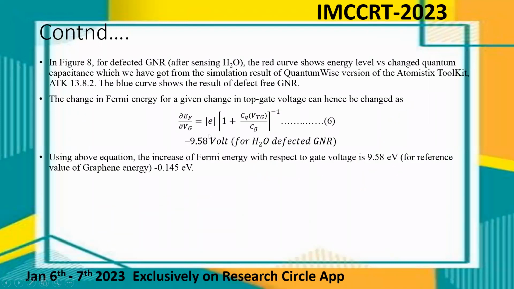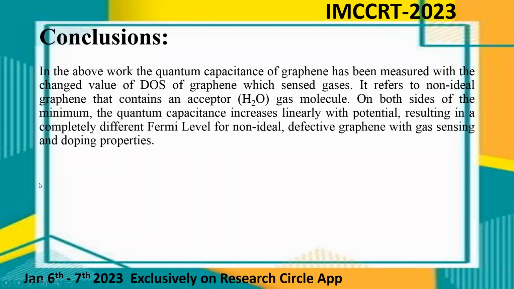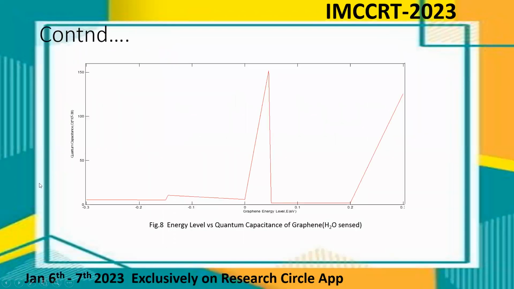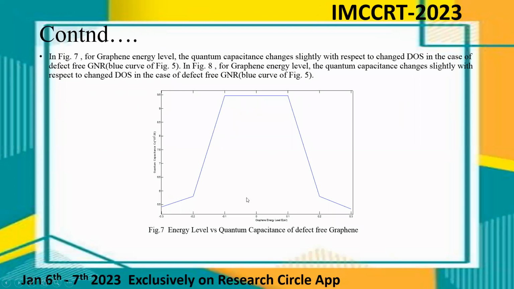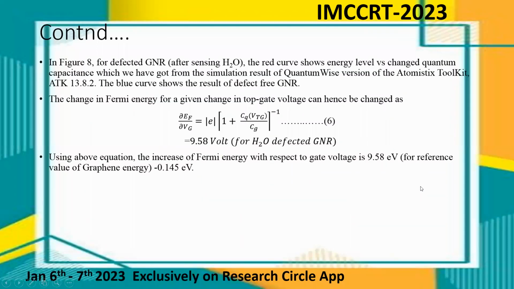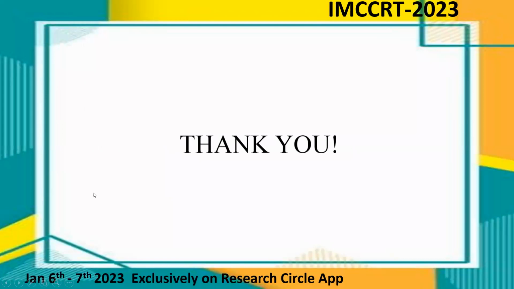Okay, we are moving to the next slide. Now, we have calculated our Fermi energy level after getting the result from the previous slide. In figure 8 for defective GNR, the red curve shows energy level versus changed quantum capacitance. The quantum capacitance has been changed.